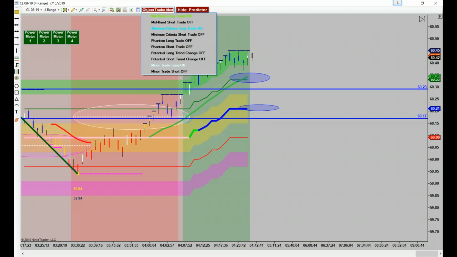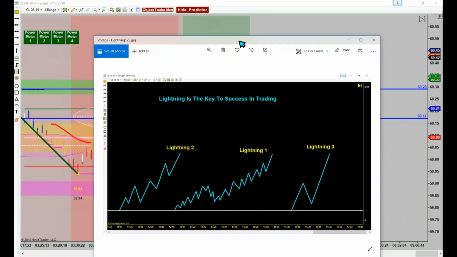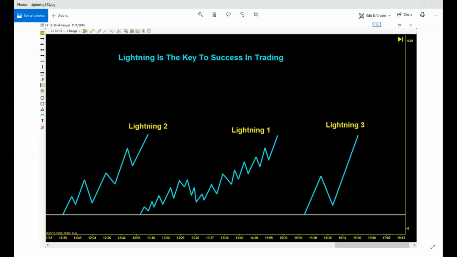Now remember, just like I taught on this deal right here, that lightning comes in 3 flavors, basically. This is virtually the same chart. I just redrew it by hand to show people how lightning 3 works and how lightning 1 works and how lightning 2 works. But they're virtually the same, because they've all got higher lows and higher highs.